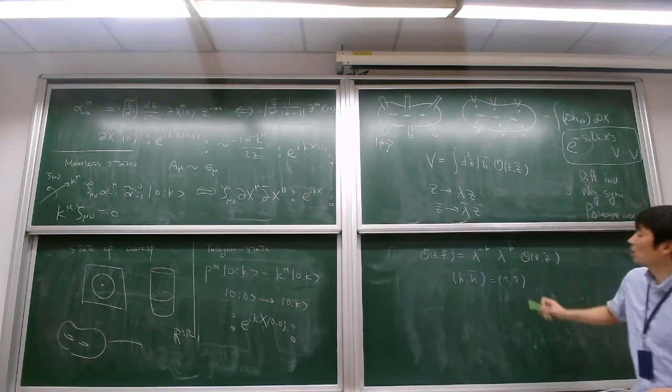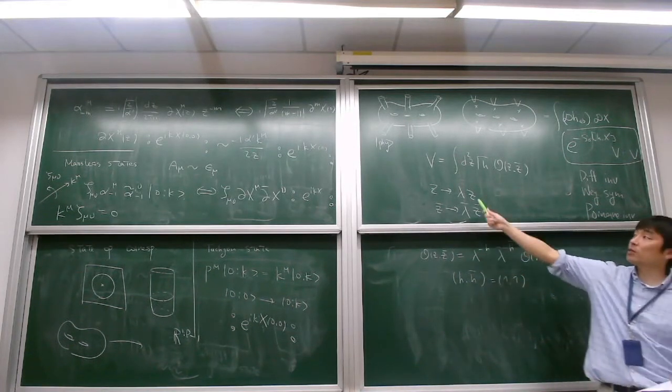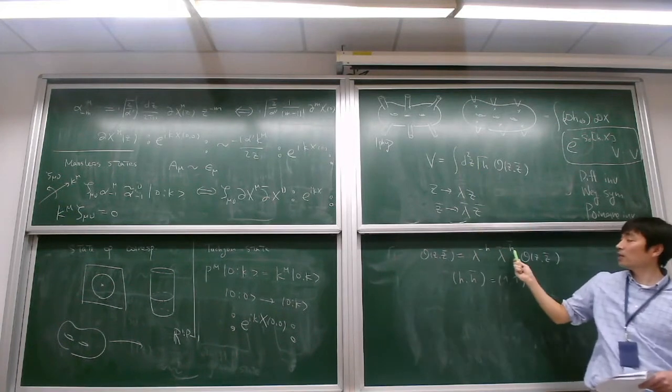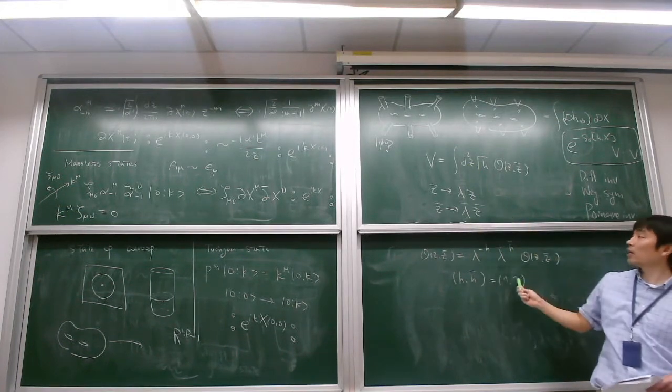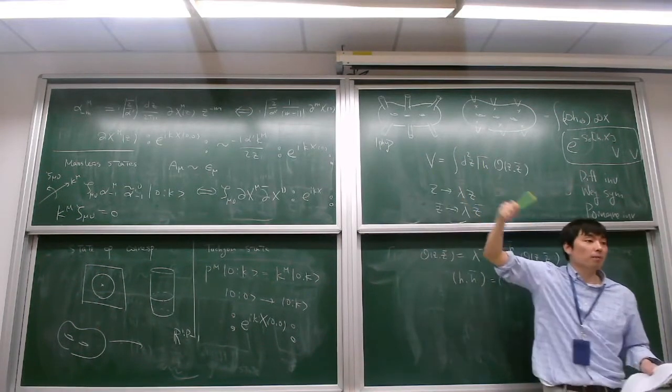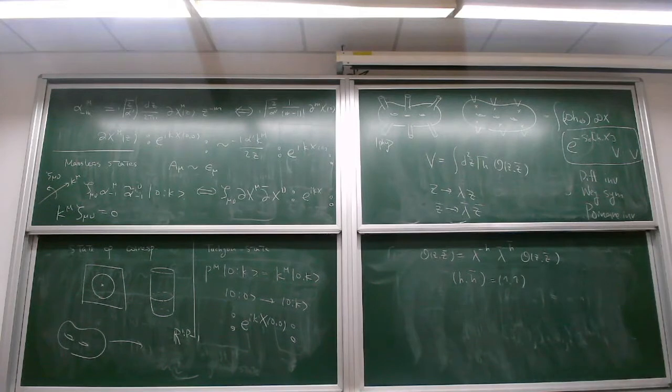This minus 1 cancels with this lambda from the measure, and this minus 1 cancels with the transformation of the other part of the measure. So at the end of the day, this vertex operator is invariant under the scaling transformation.